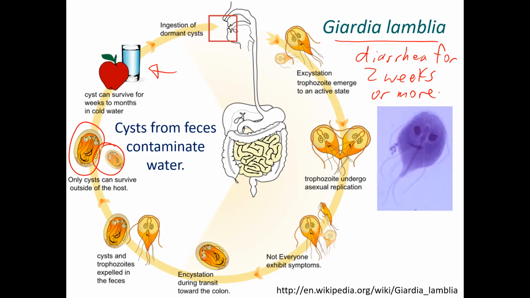I'm not saying don't drink from the river, but do be cautious of your water sources. Generally, if water sources smell bad, it's probably a good sign that you shouldn't drink it without putting in iodine tablets or anything like that. But if you get diarrhea and it's 2 to 3 days and it's done, that's probably E. coli or something else, Campylobacter or whatever.